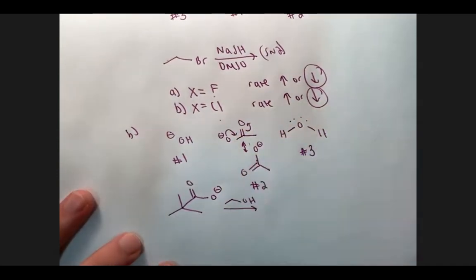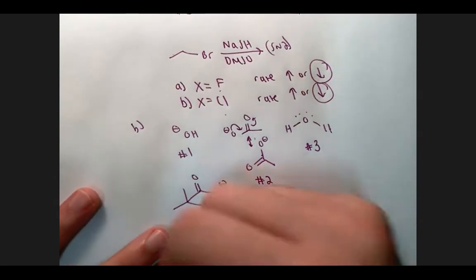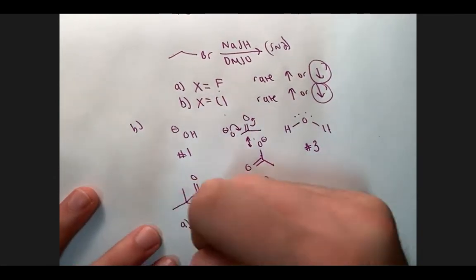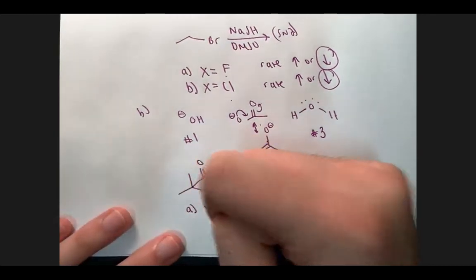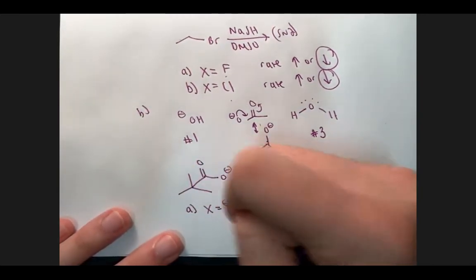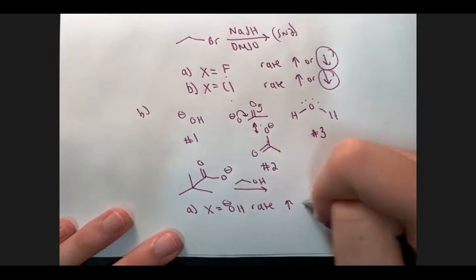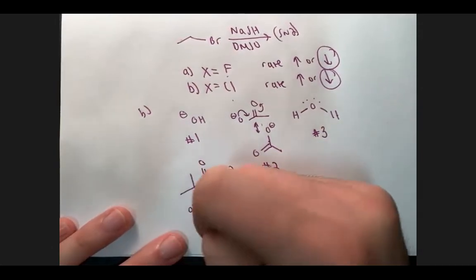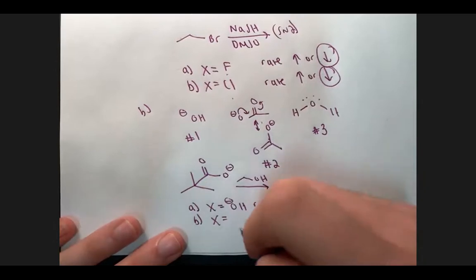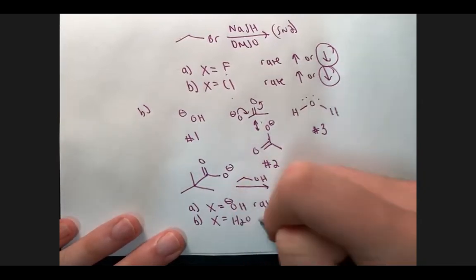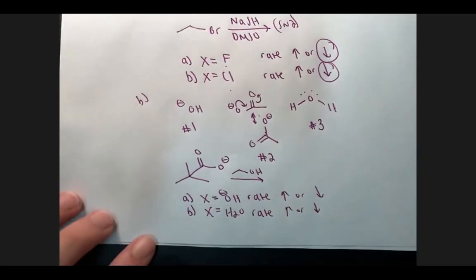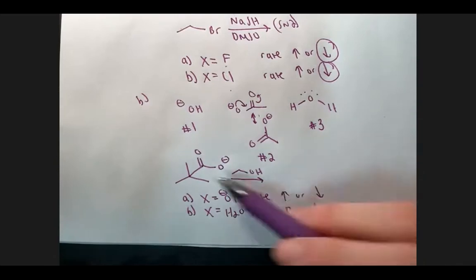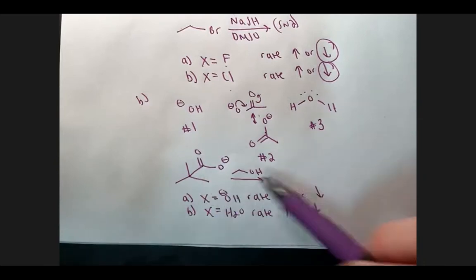Essentially, if I change that leaving group, I'm going to call it X for now, to hydroxide, does the rate increase or decrease? And B, if I change the leaving group to water, H2O, does my rate increase or decrease? I like doing this because this is how you have to think. So first of all, what type of reaction is this? SN1 or SN2?